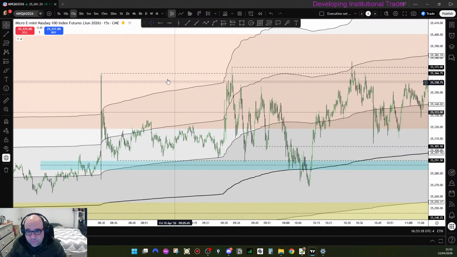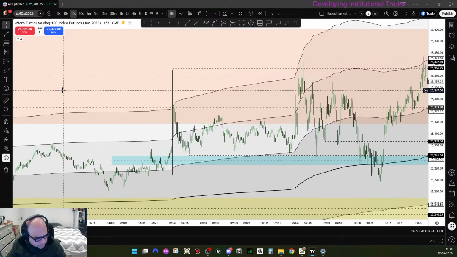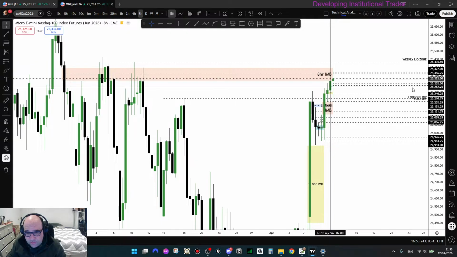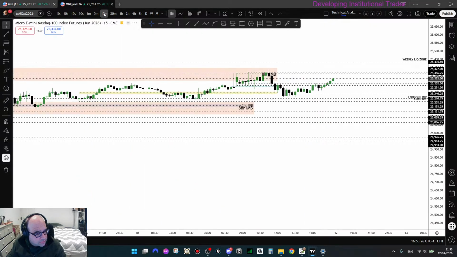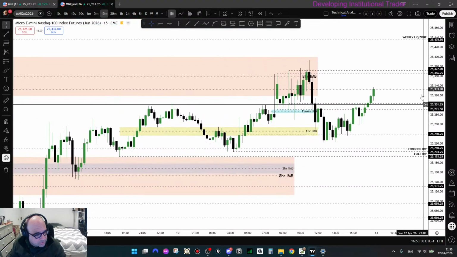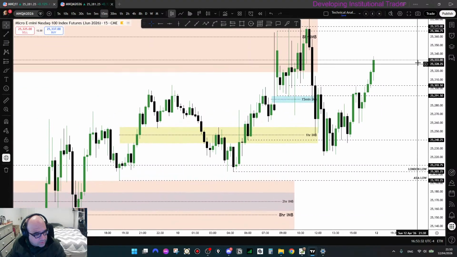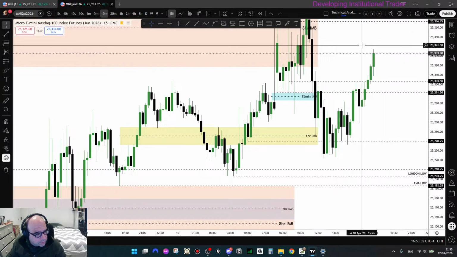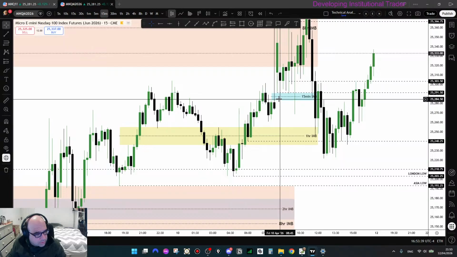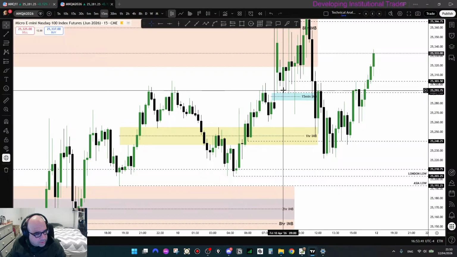If we go to the 15-minute imbalance, which is the blue zone, which is this one. So the 15-minute imbalance is the one I drew right here. Right here, we can see that.